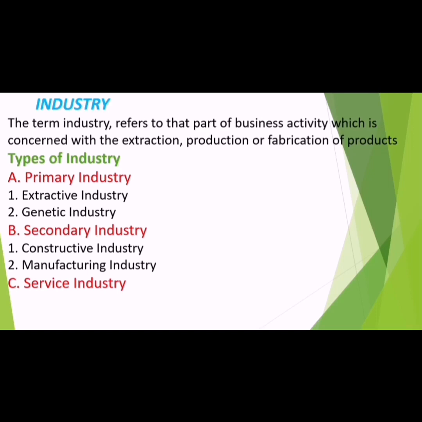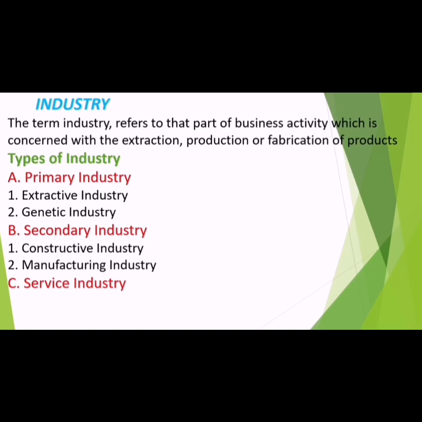So here comes students, intermediate goods. These are those which are further processed into finished products by another concern. Examples for you, plastic and yarn. These are intermediate goods. Now you can see on your screen types of industry.